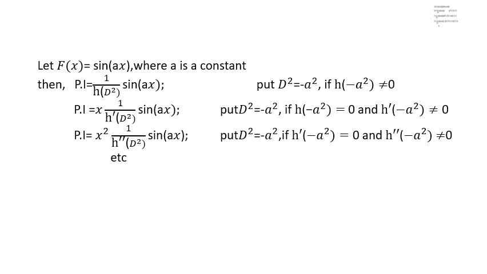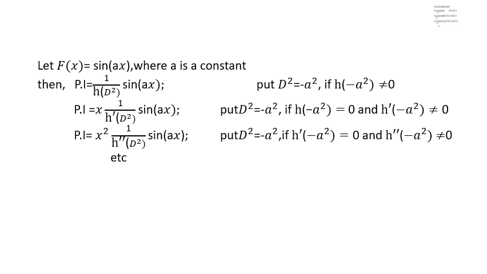Suppose the denominator is equal to 0 when D² is equal to minus a², the extension of this formula must be used. So this is the method to find the particular integral when F(x) is equal to sin ax or cos ax.